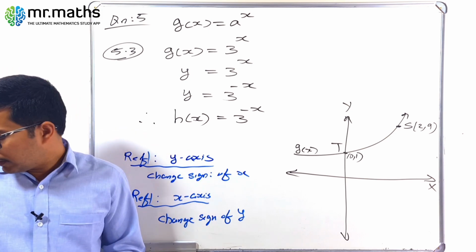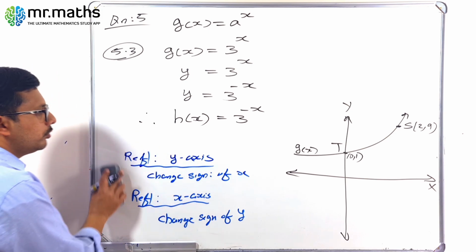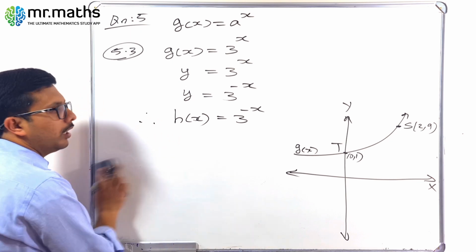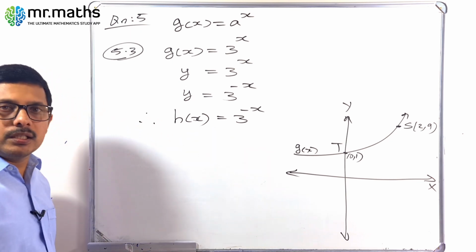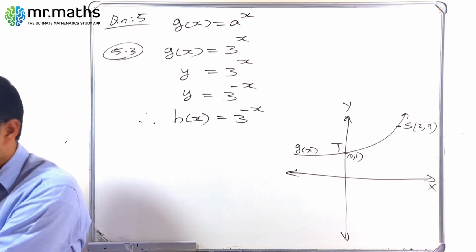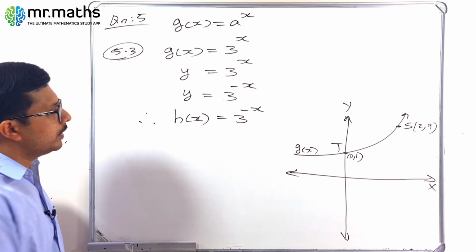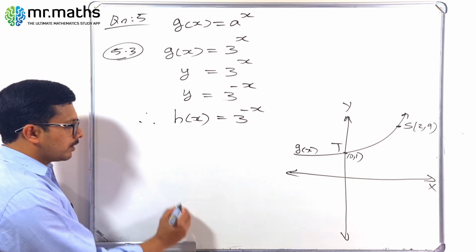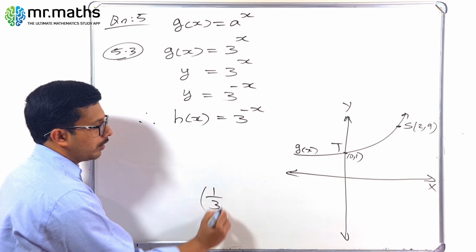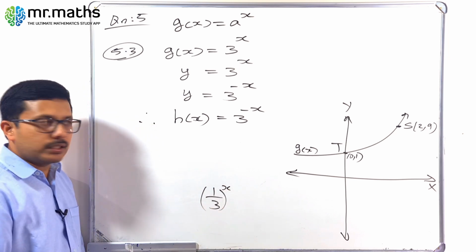So here, guys, don't be confused when you see something like this. You can leave the answer like this, no problem, you will get the full mark. But in some question memos you can see that the answer is written like this: 1/3 raised to x. It's the same thing.